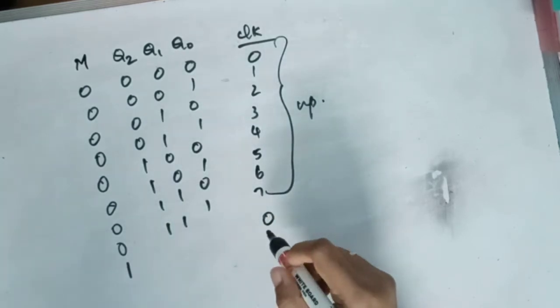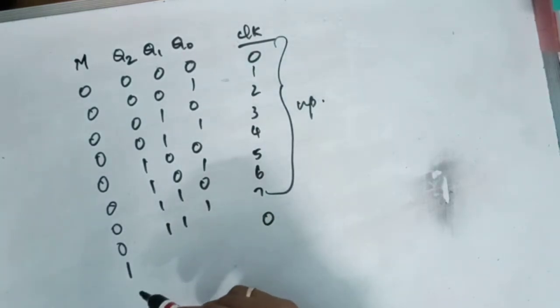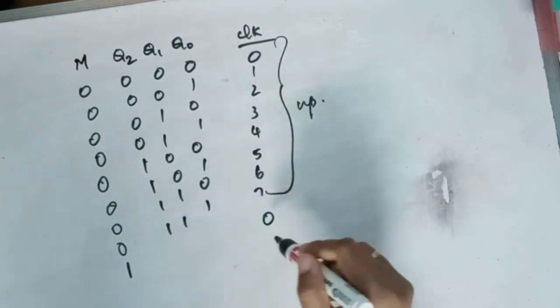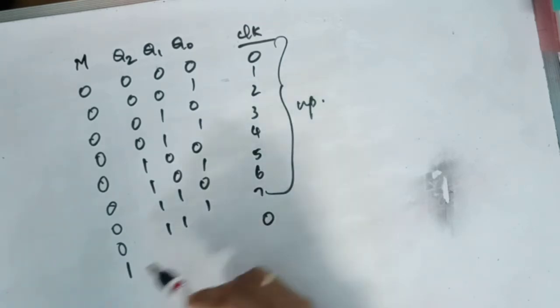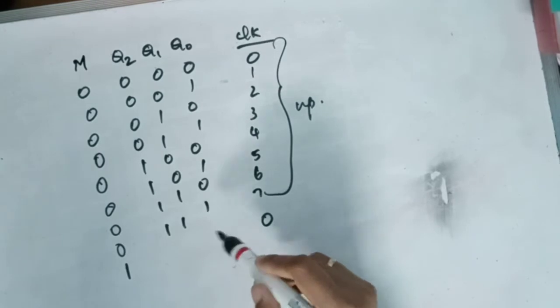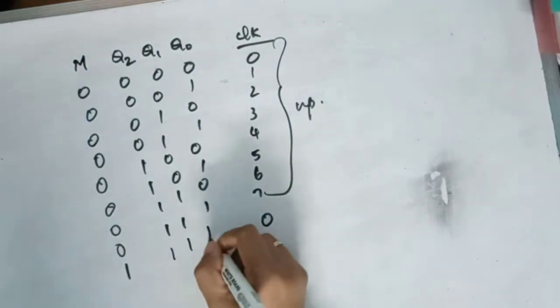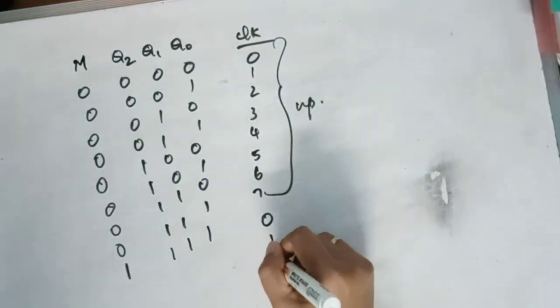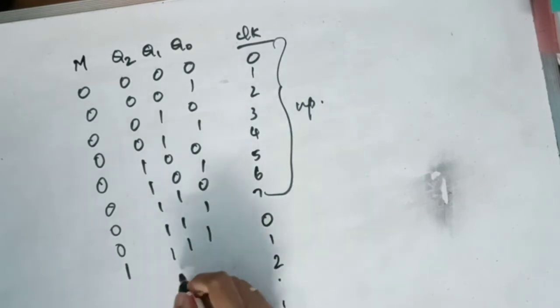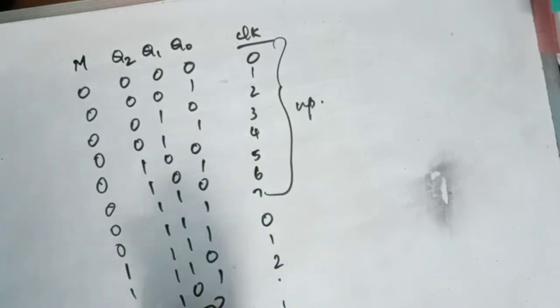So when you start with M equal to 1, again this is the initial condition. So it should start with 1, 1, 1, then count down 6, 5, 4, etc. For all those, M is equal to 1. So that is how your truth table will look.